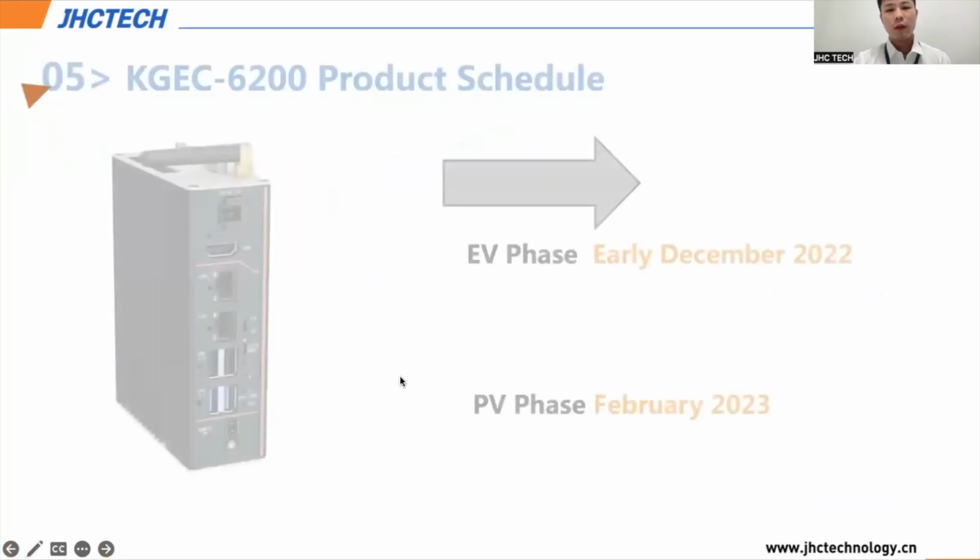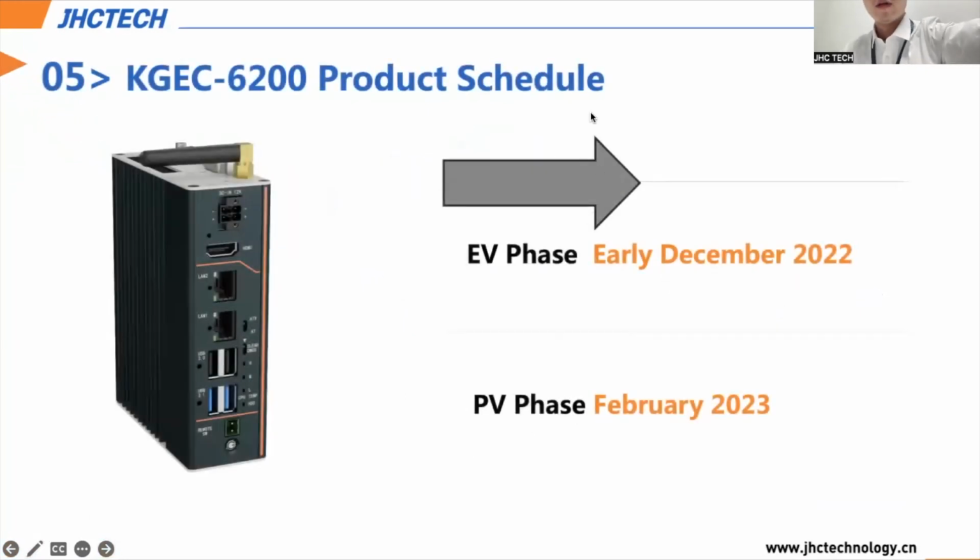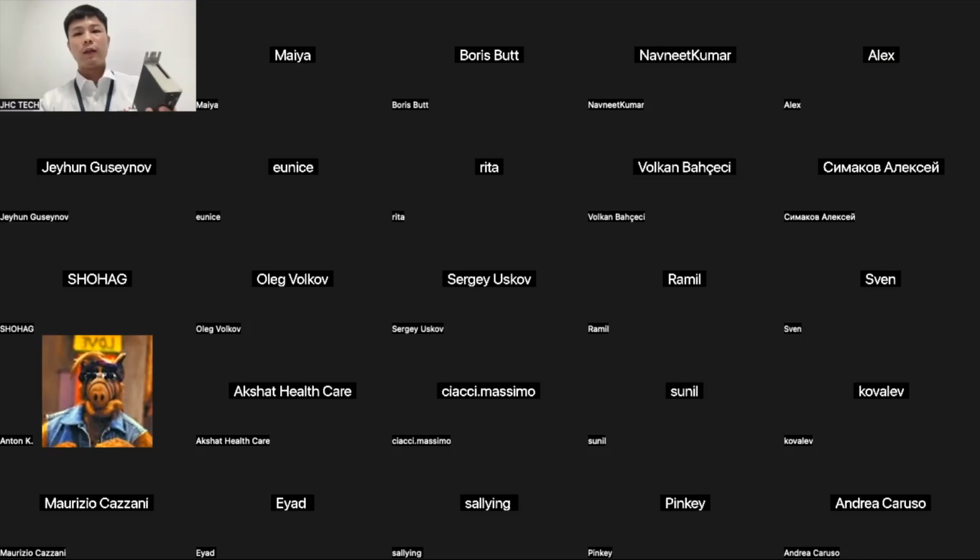Before going to the next part, I also have a KGEC-6200 here. You can see the size is very small, like our hands. It's a very small size and lightweight. Here is the power supply and 2 USB 3, 2 USB 2, 2 LAN ports, 1 HDMI display, and here is DC in.